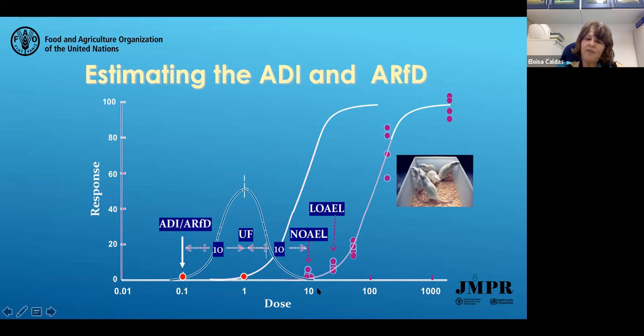So the safe dose for the rat is 10, and the safe dose for the most sensitive subpopulation of humans is 0.1. And that's the ADI, or the acute reference dose, because the acute reference dose is derived in the same way. That's how we go from the rat study to a safe dose level for humans, which is the ADI or the acute reference dose.